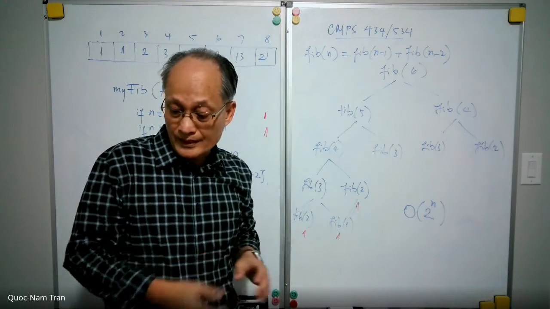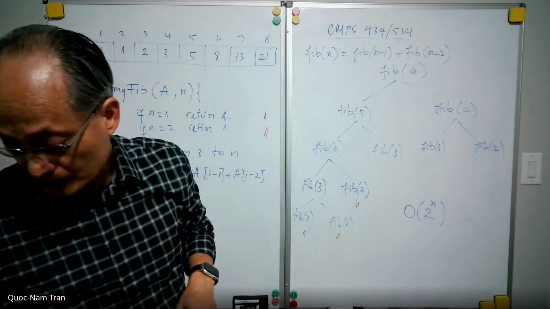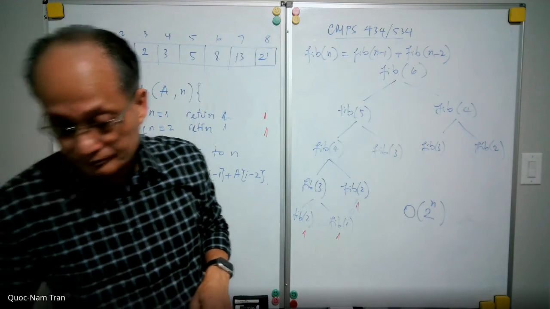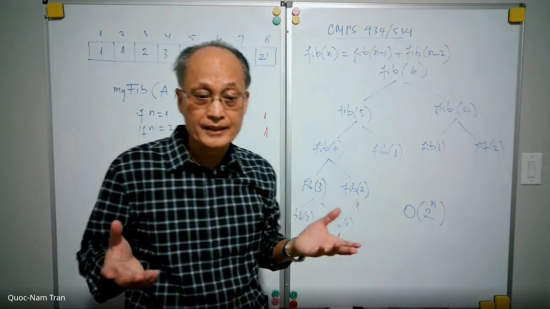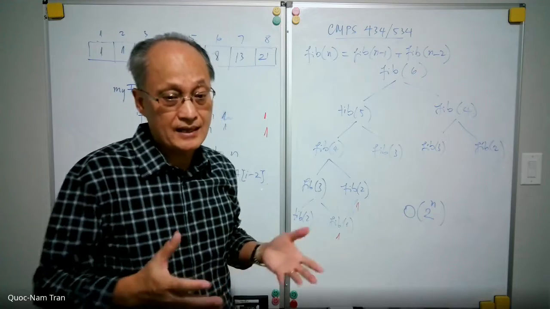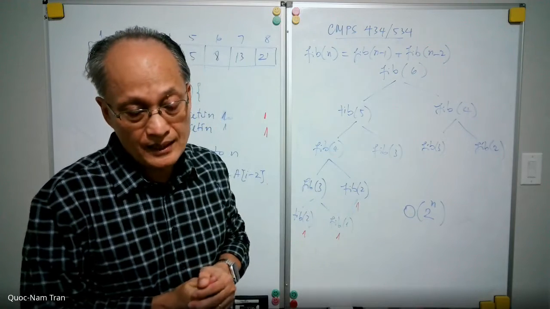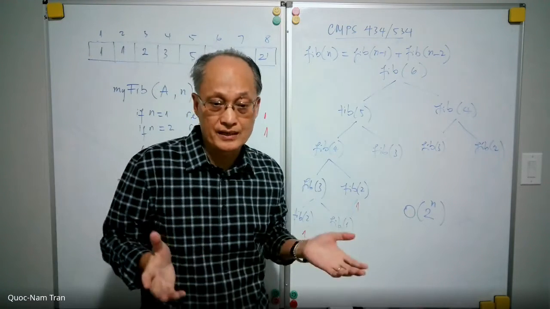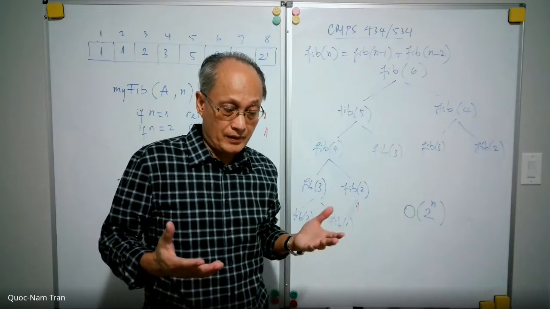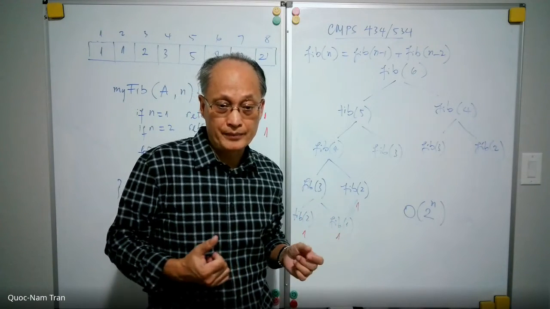Okay, so one thing I mentioned to you last time was about the operating system, right? Scheduling of processes. All right. So last time you already learned that sometimes we cannot use heap because heap requires too much memory space.